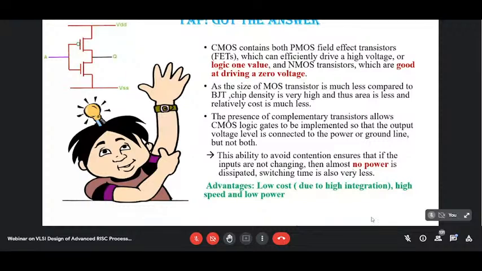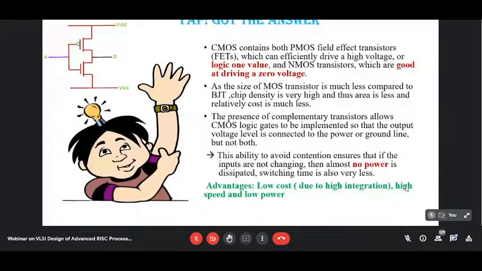Another thing: since the areas of these CMOS transistors are very small, on a given silicon area more transistors can be accommodated. More transistors accommodated means, indirectly, it's very cost effective. So power dissipation is small, it is cost effective, and area is small.